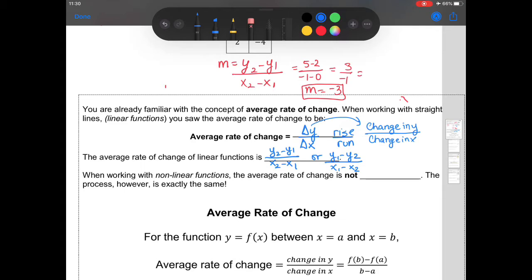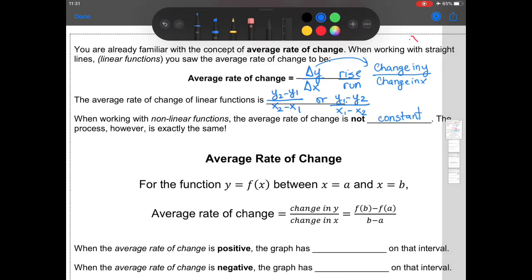When working with non-linear functions, meaning they're not lines, the average rate of change is not constant. It's not going to be the same throughout. The process, however, is exactly the same.